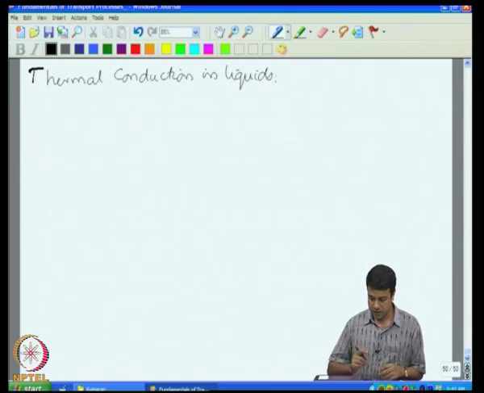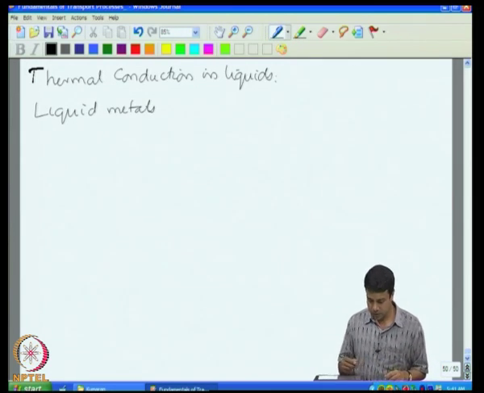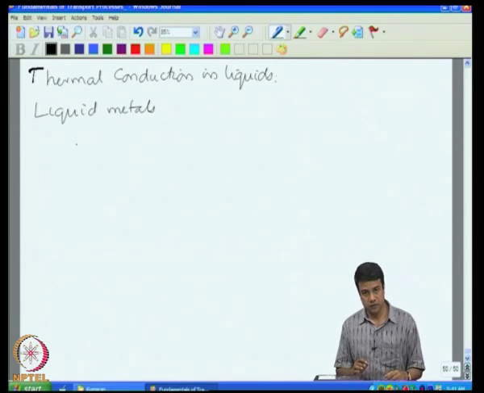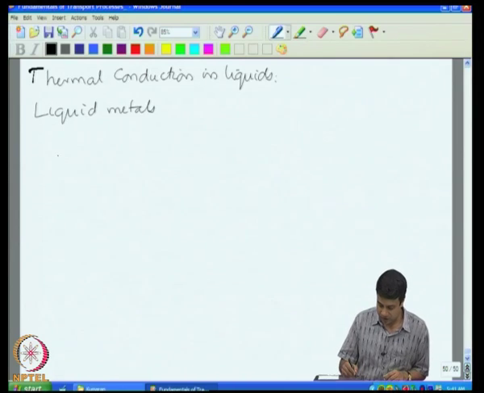For example, for liquid metals, you do not require the physical motion of molecules for energy conduction, for the transport of heat. You do not even require the molecules to transmit heat from one molecule to the other. The molecules in liquids have electron clouds all around them.